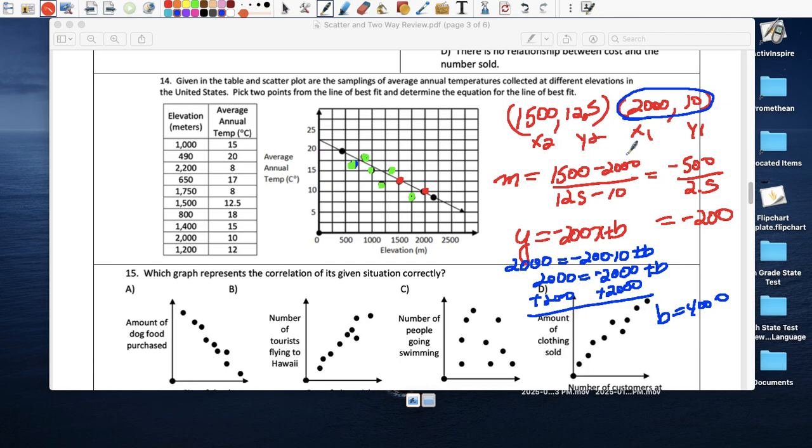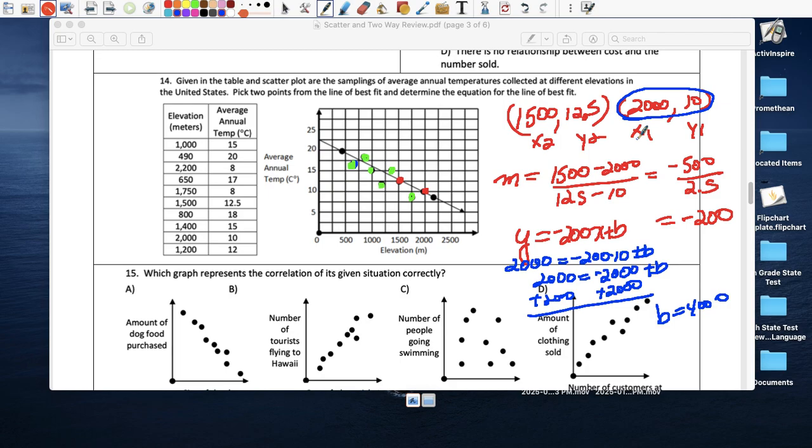Why is this kind of weird? Sorry. Did I do something wrong? X1 is 2010. And then this one is 1500 and 12.5. Something is off. Sorry.